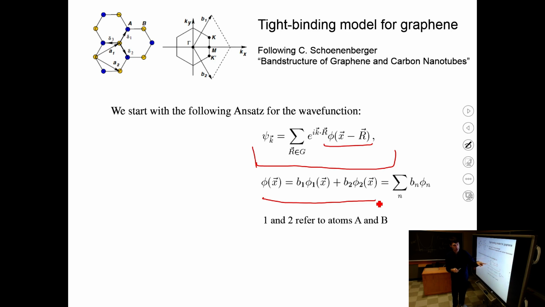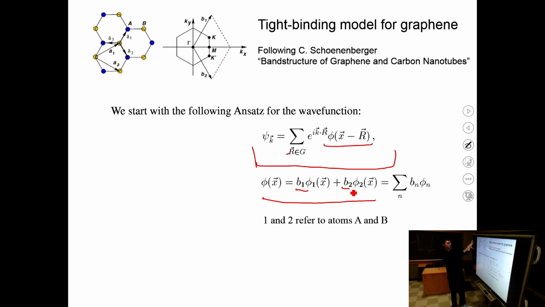In fact, you can see from this construction that this function is built in k-space and that you can be anywhere on a real lattice. This sum goes over the entire lattice. It tells you that these coefficients B1 and B2 tell you how much of your electron lives on one sublattice, on the A sublattice, or on the B sublattice.